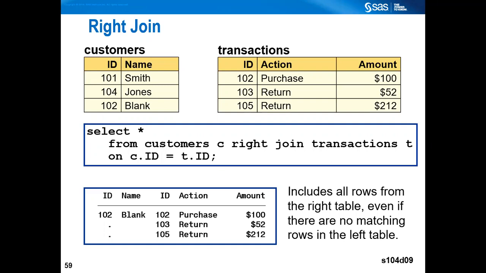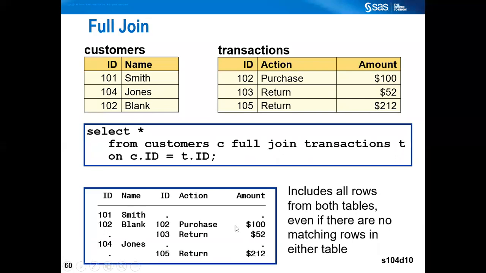So as per your scenario, you want all the customers who have performed the transactions, so you use the right join option here. The full join is matches as well as non-matches both. It includes all rows from both tables, even if there are no matching rows in the other table.